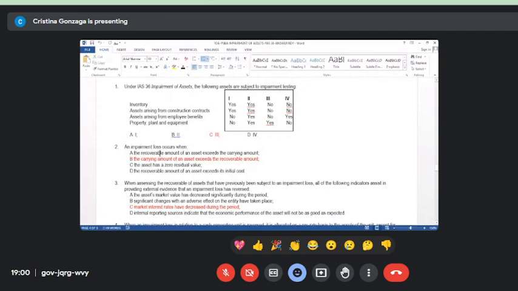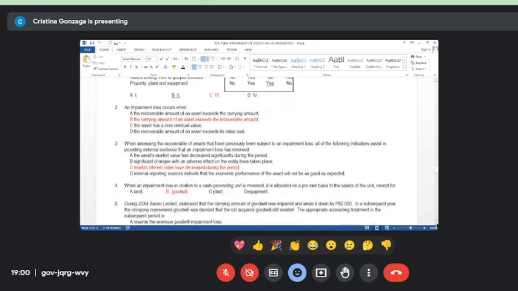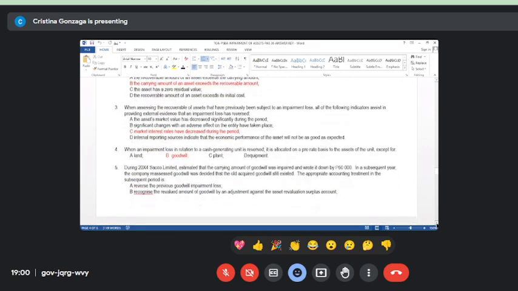Number 2, an impairment loss occurs when, letter B, the carrying amount of an asset exceeds the recoverable amount. Pag baliktad, ay walang impairment yun. No? Okay. Number 3, when assessing the recoverable of assets that have previously been subject to an impairment loss, all of the following indicators assist in providing external evidence that an impairment loss has reversed.